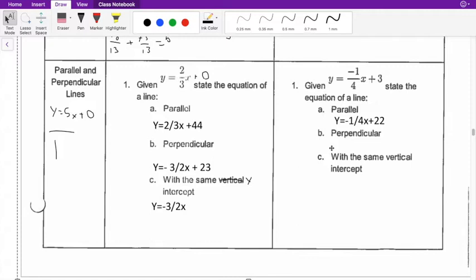Now perpendicular, we need the negative reciprocal of the slope. So let's flip it. 4 over 1. Now, writing 4 over 1 is a little ridiculous, so I can just write 4. And it's negative up there, so it's positive here. And then I can add any number I want to it. And just because I want to work in multiples, I'm going to use 7.